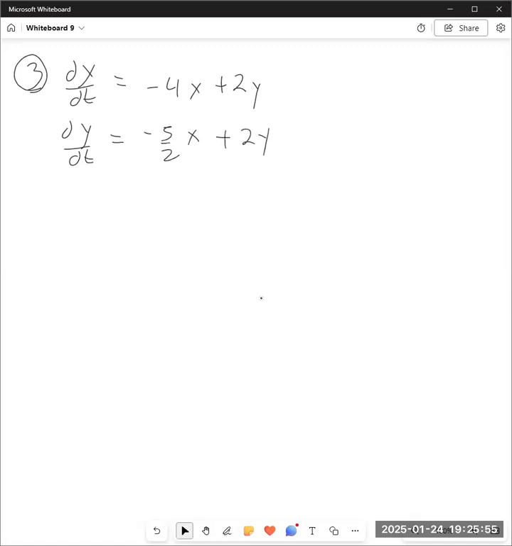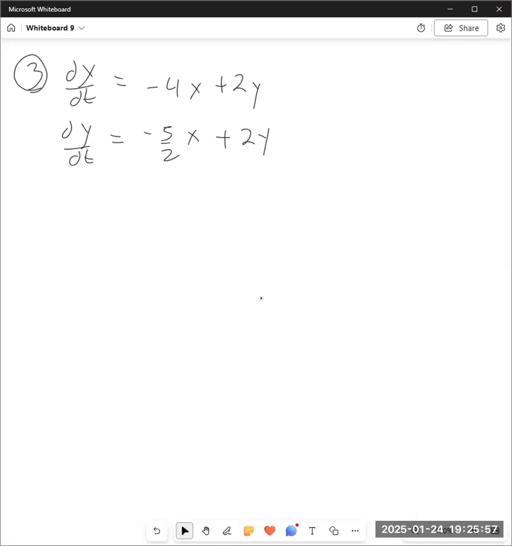Number 3 starts off as dx dt is equal to 2x plus 2y, and dy dt is equal to, sorry, that's number 2, negative 4x plus 2y, and then negative 5 halves x plus 2y.